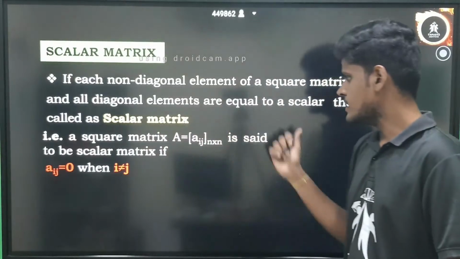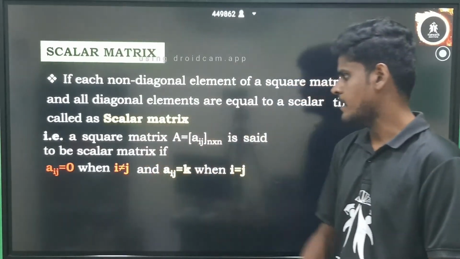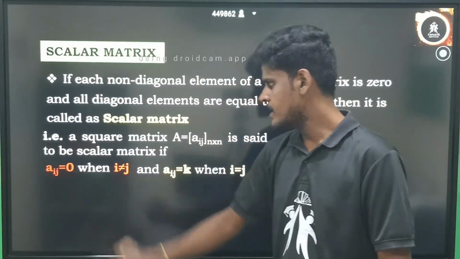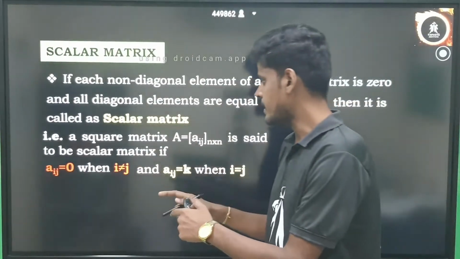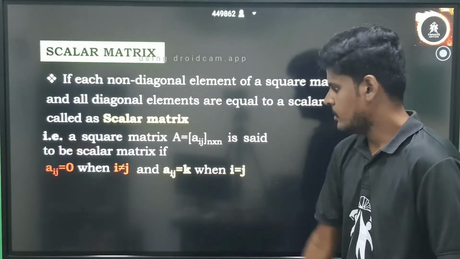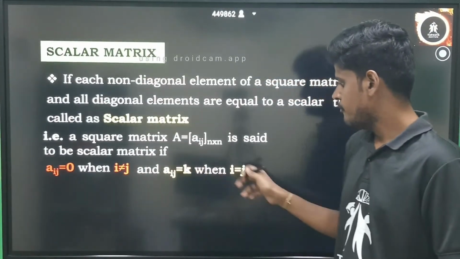A square matrix is said to be a scalar matrix such that aij equal to 0 for i not equal to j. That means it is a diagonal matrix. And aij equal to k, that means a11 equal to k, a22 equal to k for i equal to j.